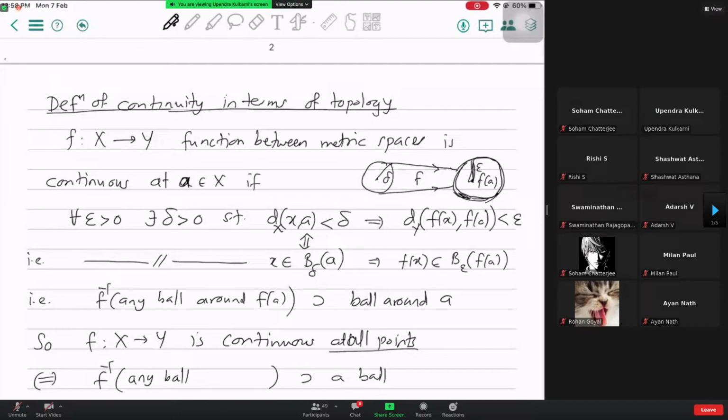Yes, because the empty set is an open set, right? But you see, we are talking about balls. So the formulation becomes awkward, because it should contain the range. Right, correct. Any ball intersecting the range.